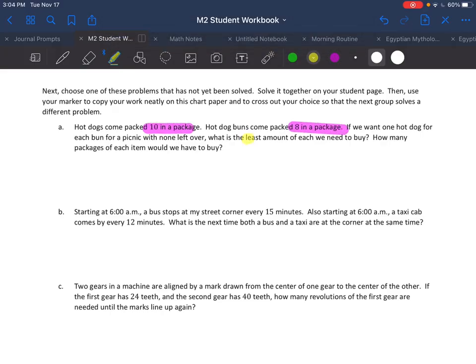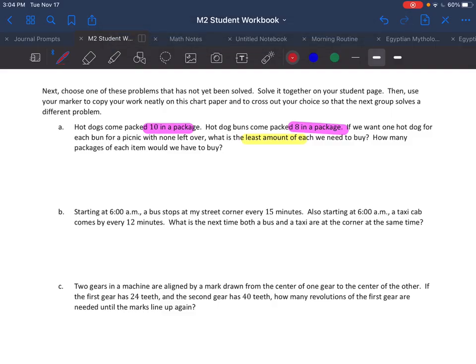And I am looking for the least amount of something. So again, I'm looking for keywords and what the question is asking. So I have a package of 10 hot dogs and I have a package of 8 buns.